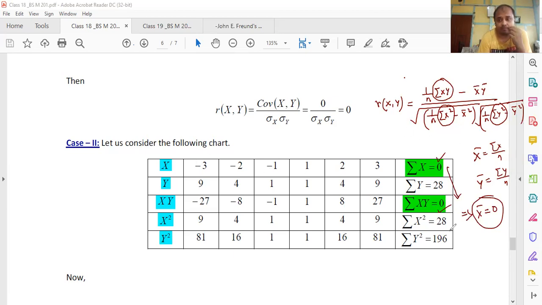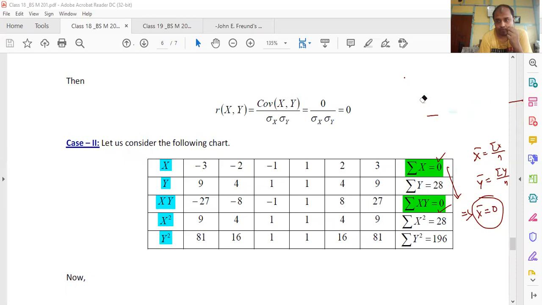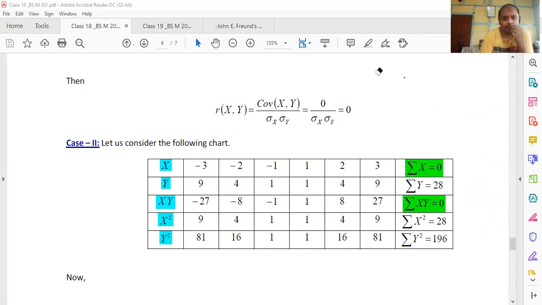So we have got an example where there is a pair of variables whose correlation coefficient is actually 0. So the variables are uncorrelated. But are these variables really independent? A minute observation shows us that no, they are not independent. These variables x and y are connected to one another.